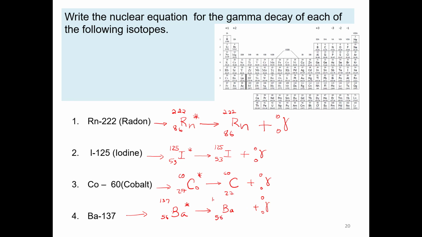Now we have the same isotope but with lower energy. Let's write it here closer. And these are the nuclear equations for each of these isotopes if gamma decay occurs.